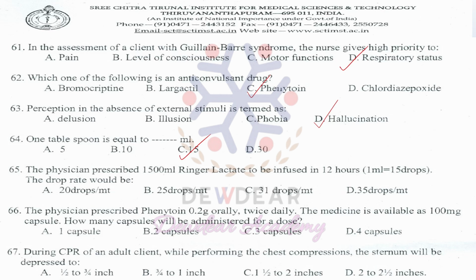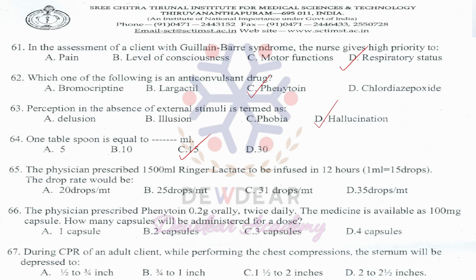Then question number 65. The physician prescribed 1500 ml RL, ringer lactate, to be infused in 12 hours. 1 ml is equal to 15 drops. The drop rate would be: 20 drops per minute, 25 drops per minute, 31 drops per minute, or 35 drops per minute.